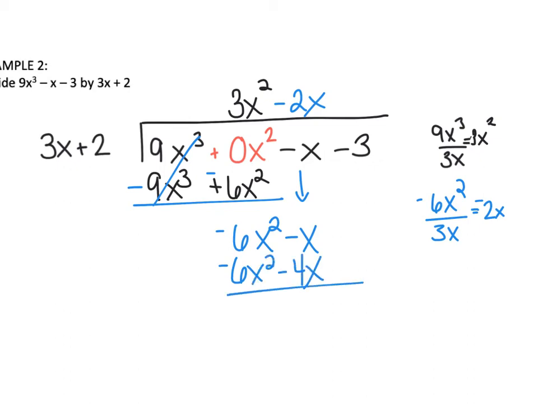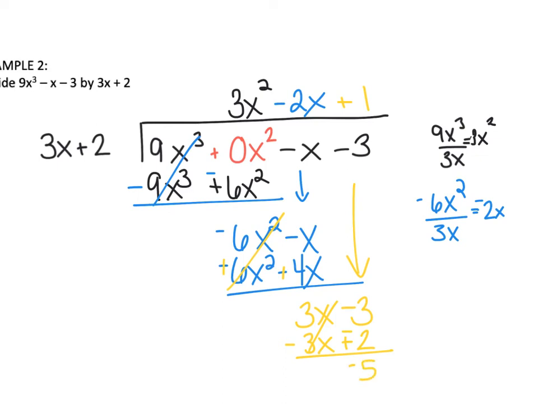I need to now change my signs and then add, which is the same as subtracting. This gives me 3x, bring down my negative 3. And how many times does 3x go into 3x? That goes in just one time. Multiply, and I'm going to have a remainder this time. Change my signs, remainder of negative 5.